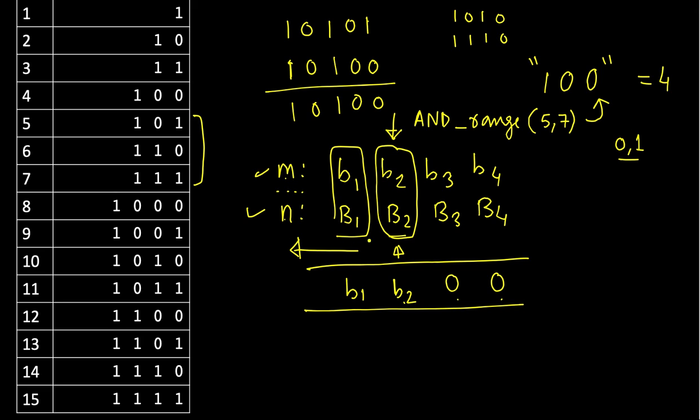And why have I taken all the bits constant, the same? Because let's take a case where M lies here. Let's say 6 is M, and N lies here. So 6 is represented using 3 bits. N is represented using 4 bits.